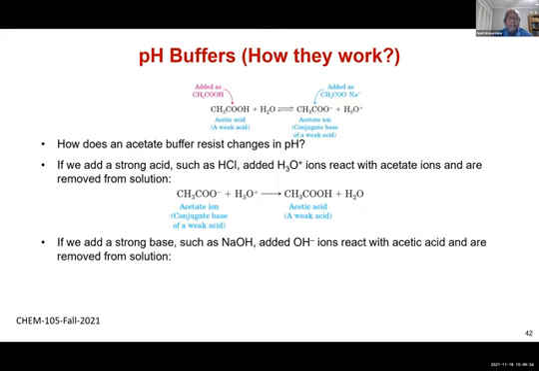If you add a base, acetic acid will react with hydroxide ion and remove it from the solution. Therefore, it maintains the pH of the solution through the common ion. The common ion is the acetate ion for this reaction.